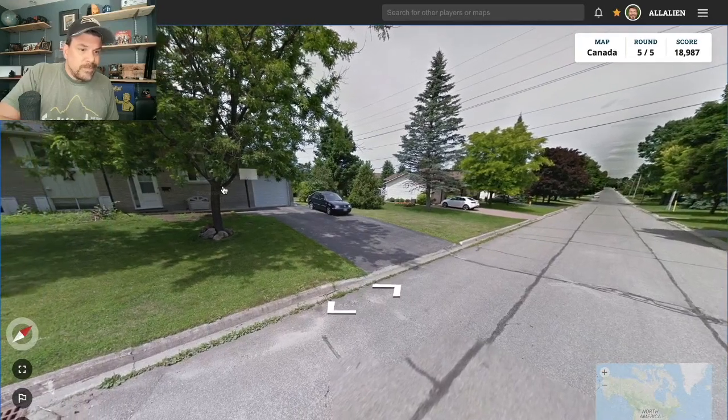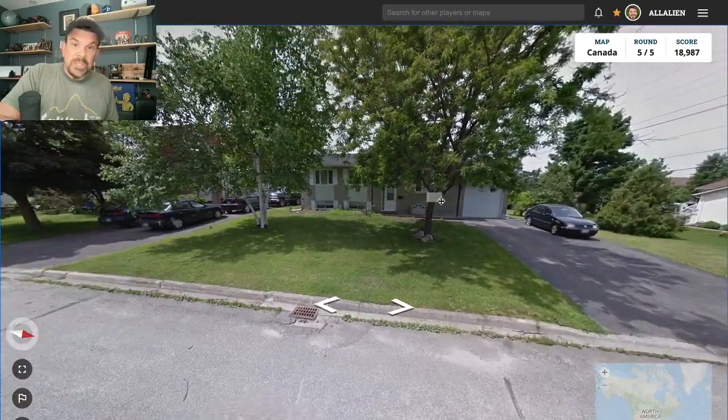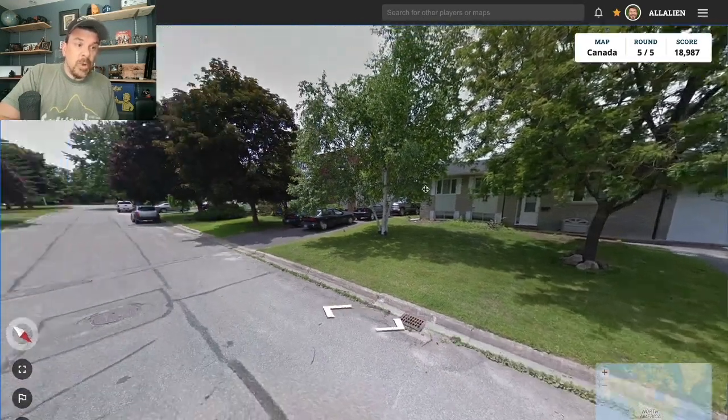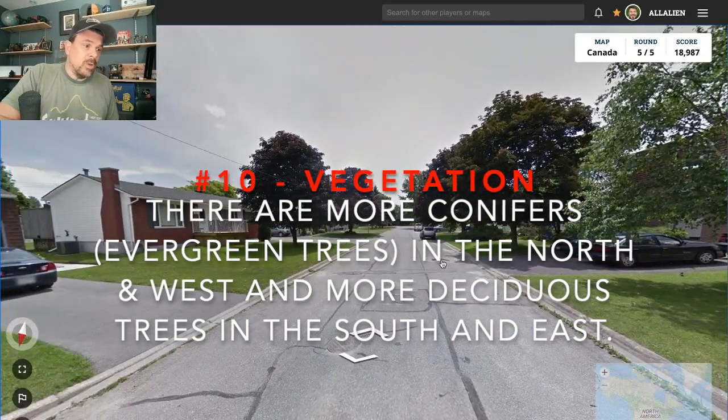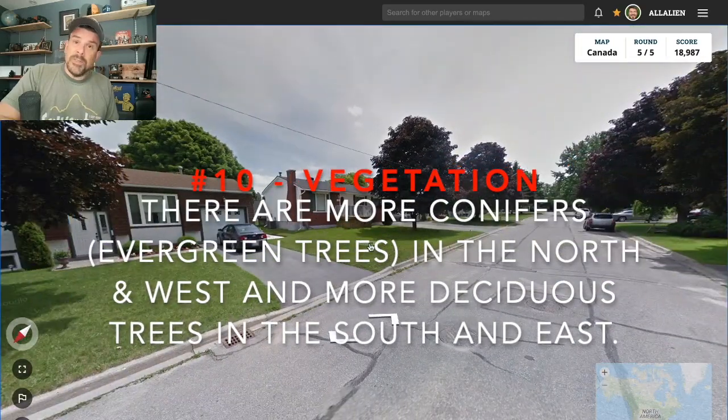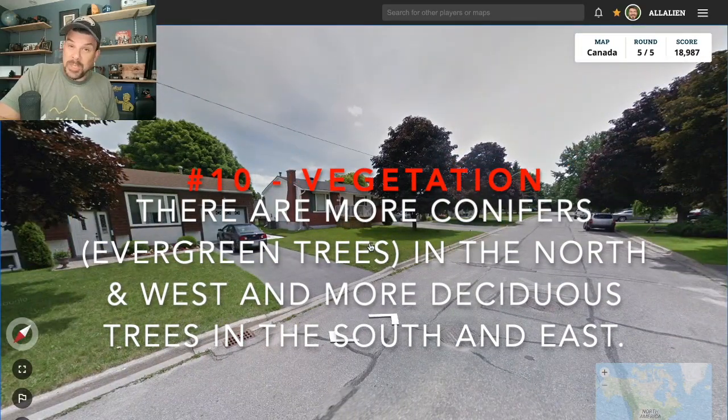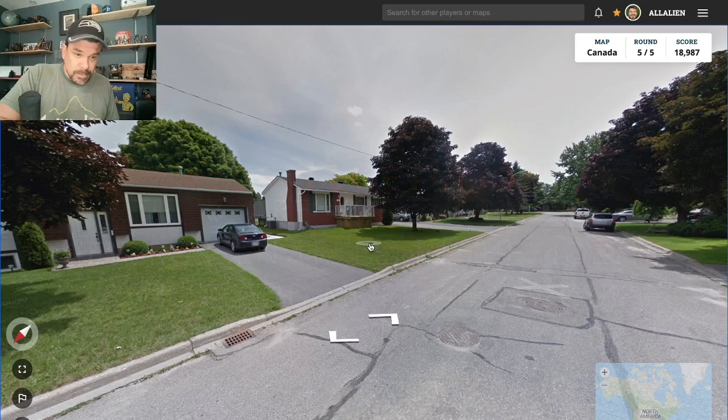In general, if you see coniferous trees in Canada, you're more likely west and north. If you see deciduous, you're more likely south and east, but that's by no means hard and fast. There are deciduous trees throughout Vancouver, for instance, but we also have a ton of firs and pines and spruce and that sort of thing.